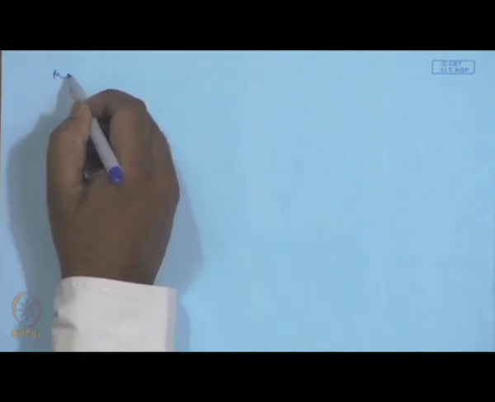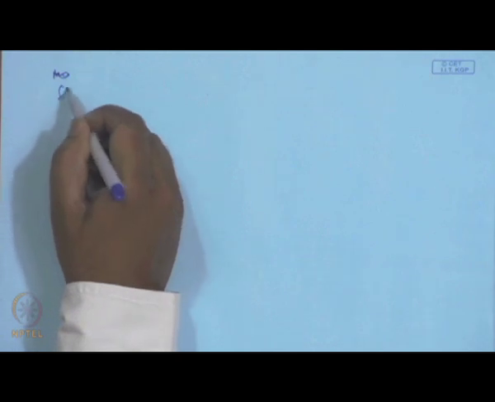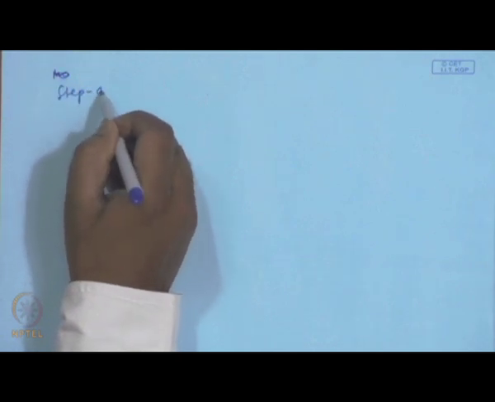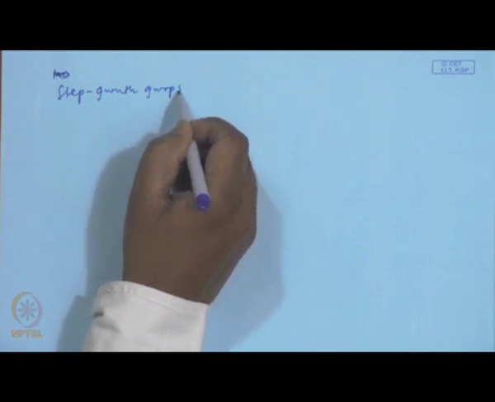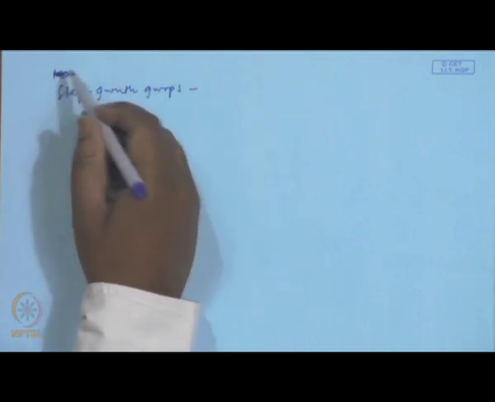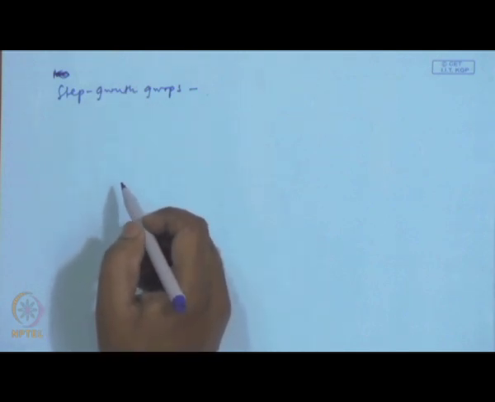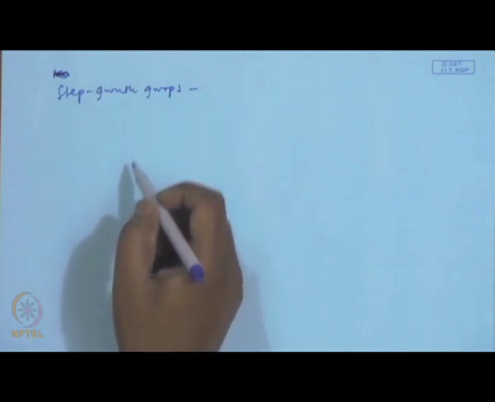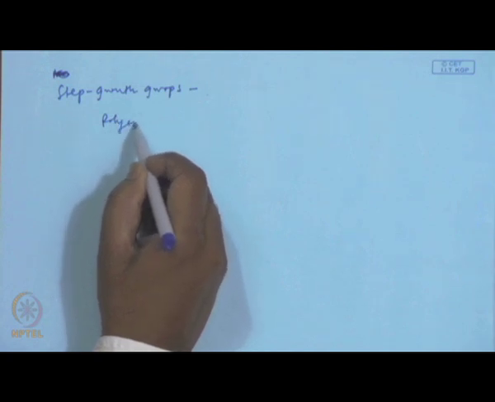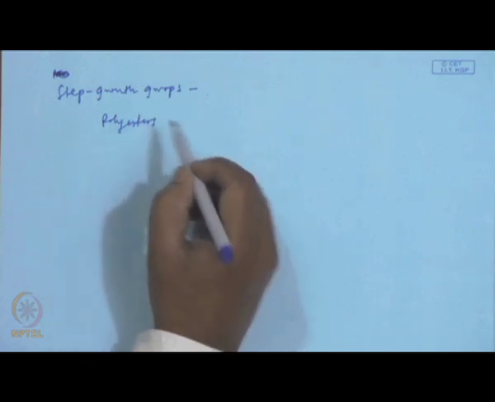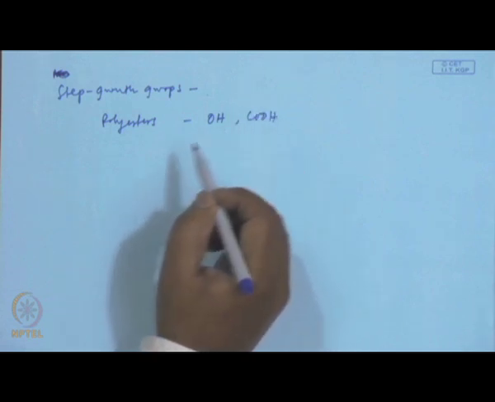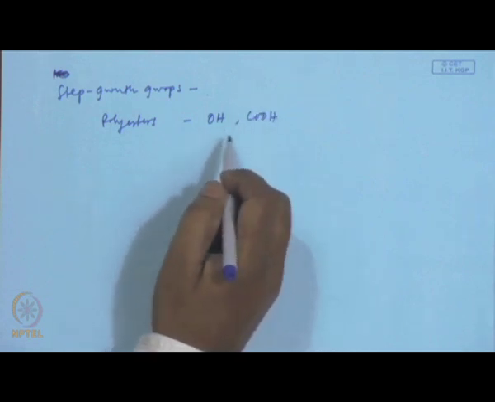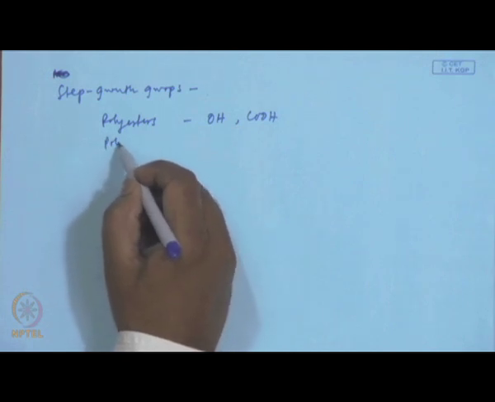Typically this method is applied to step growth polymers, because we know step growth polymers produce functional end groups at the ends. For example, polyester has OH and COOH groups. So, we can determine these groups titrimetrically or spectroscopically.